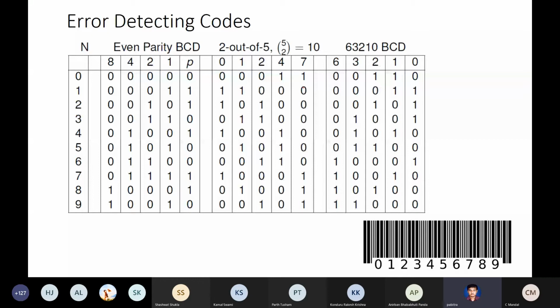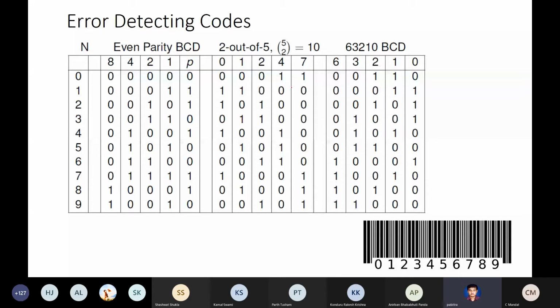Still I am having 5 bits, with the convention that exactly 2 bits out of these 5 will be 1, not less than 2, not more than 2, and the rest will all be 0. So this is the 2 out of 5 code.